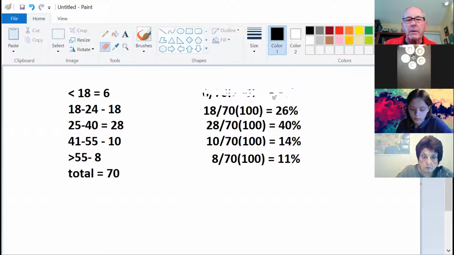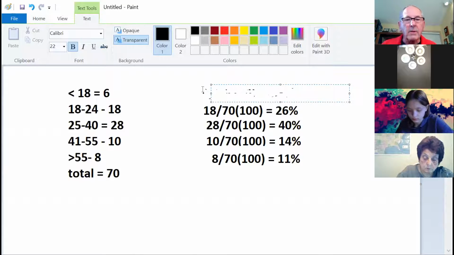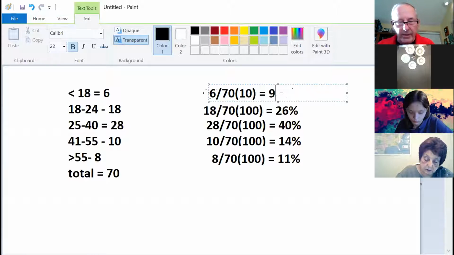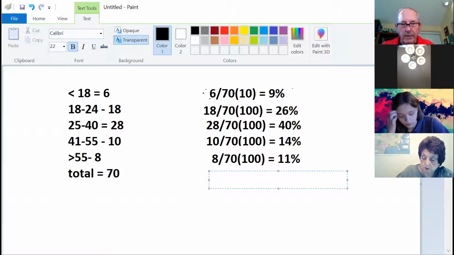Sorry, I can't erase this any easier. But just pretend I had it out of there. And so what I'm saying is it would be 6 over 70 times 100, which is 9% after I rounded it up. So now you add up all these percents, you're going to get 100%. So total down here.